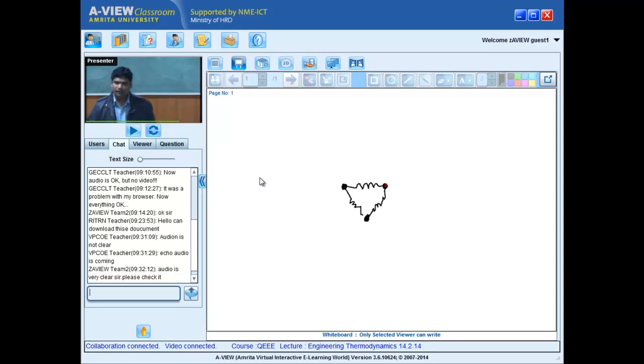Suppose it is a solid, each atom will have some x and y position, but they are not rigid always. This particular atom will vibrate with respect to the center position.